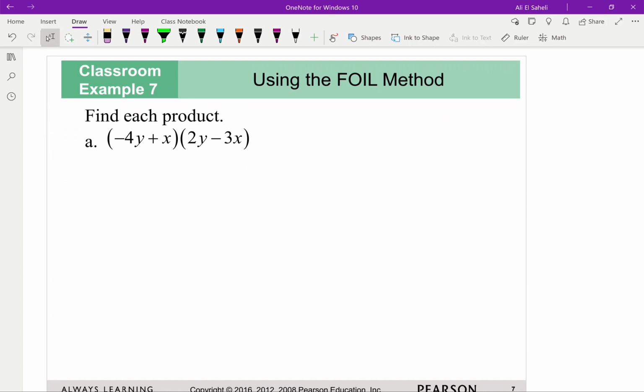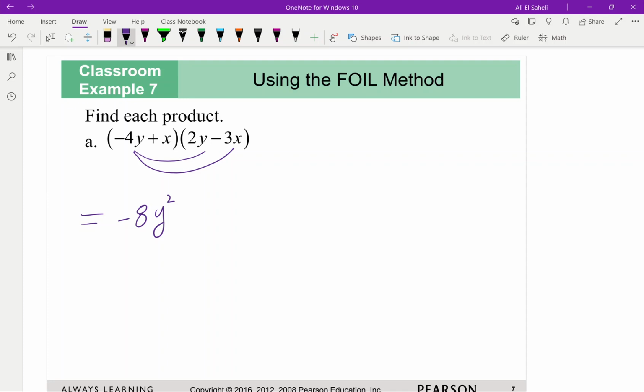Same. This times this first, this times this, then we do the x. So minus 4y times 2y. Minus 4 times 2 is minus 8. y times y is y squared. Minus 4y times minus 3x.